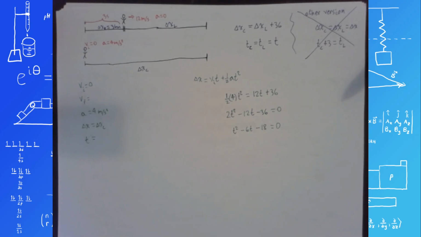And is this factorable? Let me see. 3 and 6, no. 2 and 9, no. Yeah, we're going to have to use the quadratic formula for this one. All right.